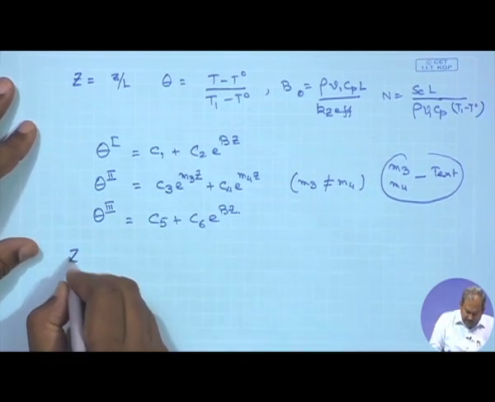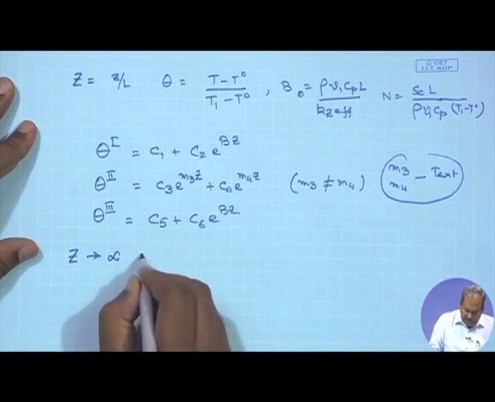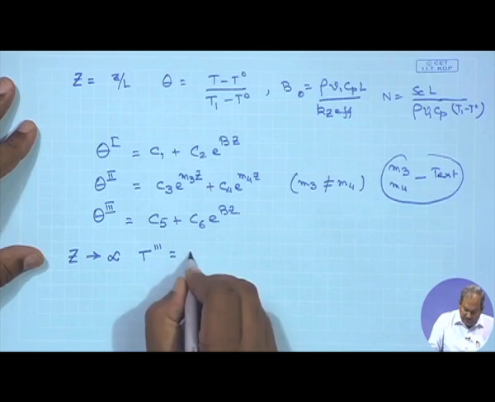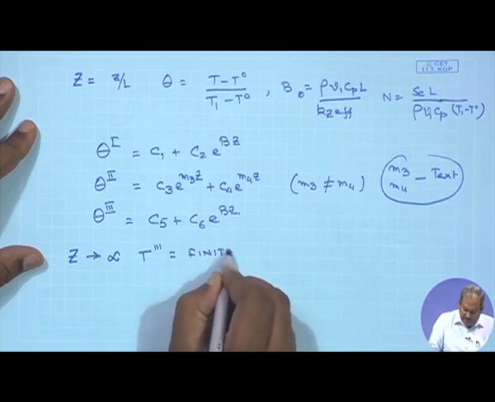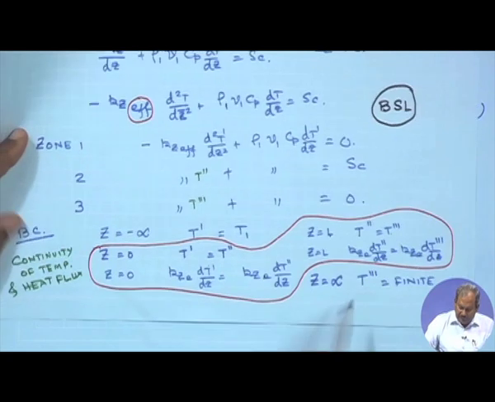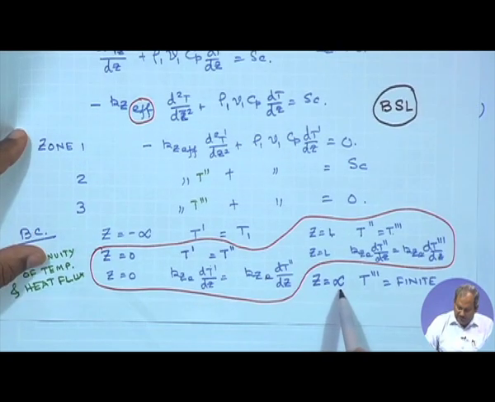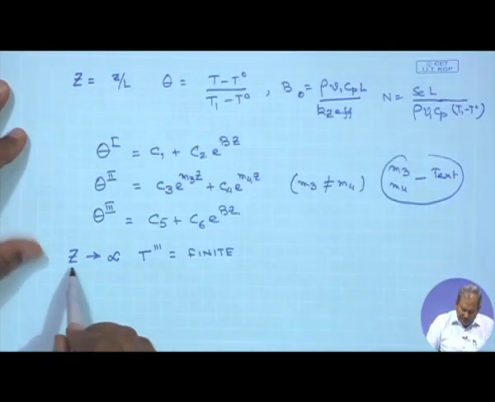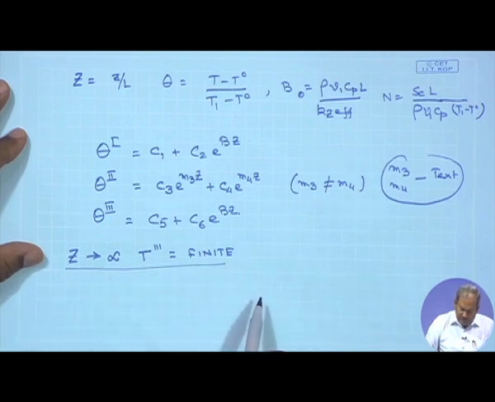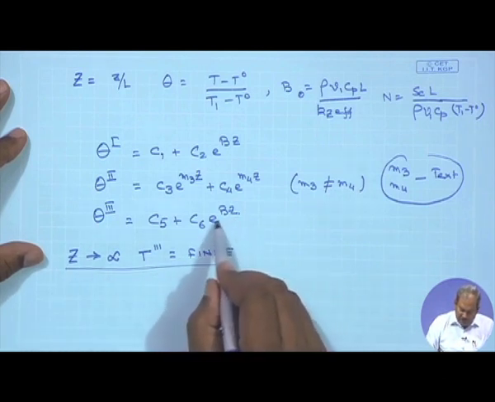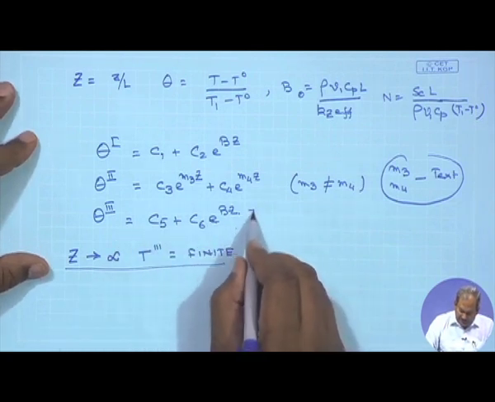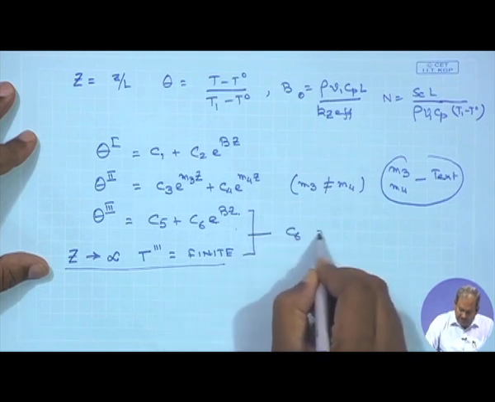Now, as z tends to infinity, we understand that T3 is finite. That is the boundary condition which we have identified over here, that at z equals infinity, that is, at the exit of the reacting system, T3 has to be finite. If you see this equation, it clearly tells you that C6 would be equal to 0.